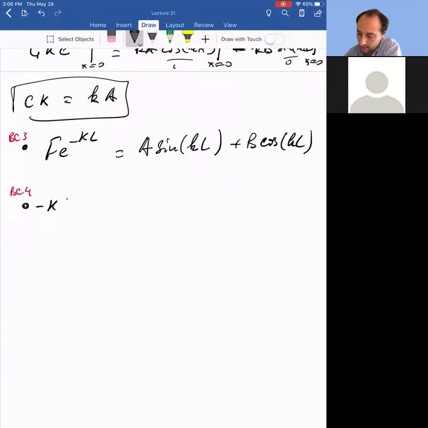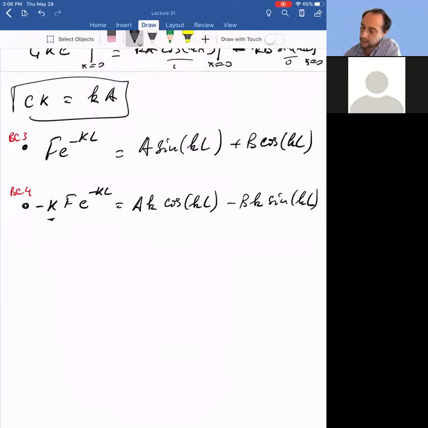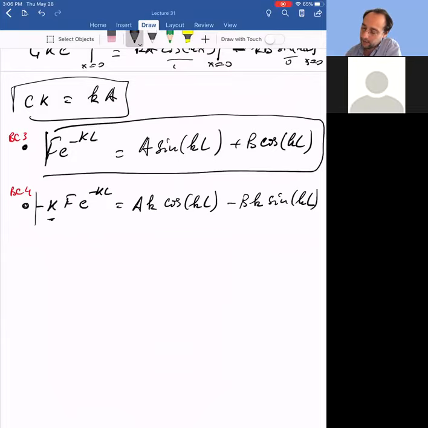Minus kappa f e to the minus kappa l. This came from taking the derivative. And then you have a k cosine of kl minus b k. Cosine becomes a sine of kl. Okay, so this is equation 3, and this is equation 4.